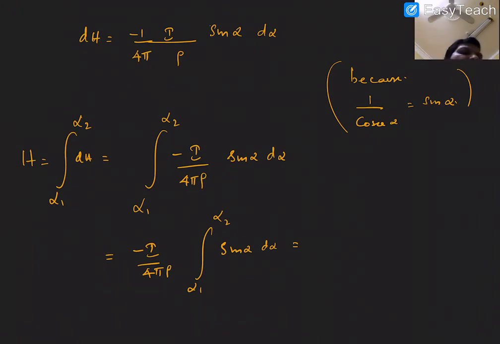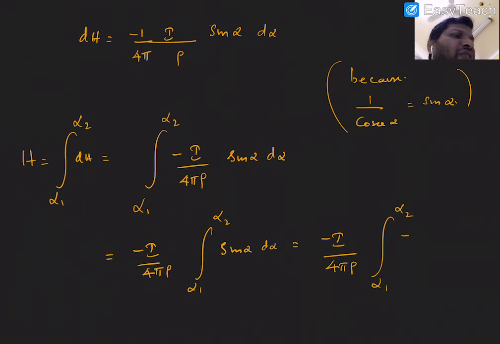What is the integral of sin alpha? The integral of cosine is sine, and the integral of sine is minus cosine. So this becomes minus I by 4 pi rho times minus cosine alpha, with alpha changing from alpha 1 to alpha 2.